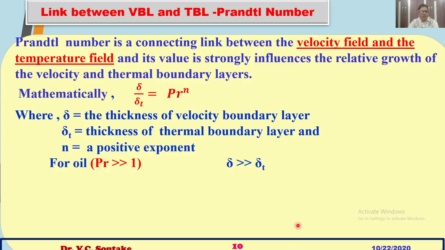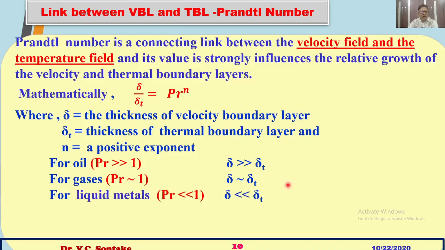So when Prandtl number is more than 1, that is for oil, thickness of the velocity boundary layer will be more than the thermal boundary layer thickness. When Prandtl number is almost equal to 1, like for gases, delta will be almost equal to delta t, and for liquid metals, Prandtl number is very low, that is less than 1.